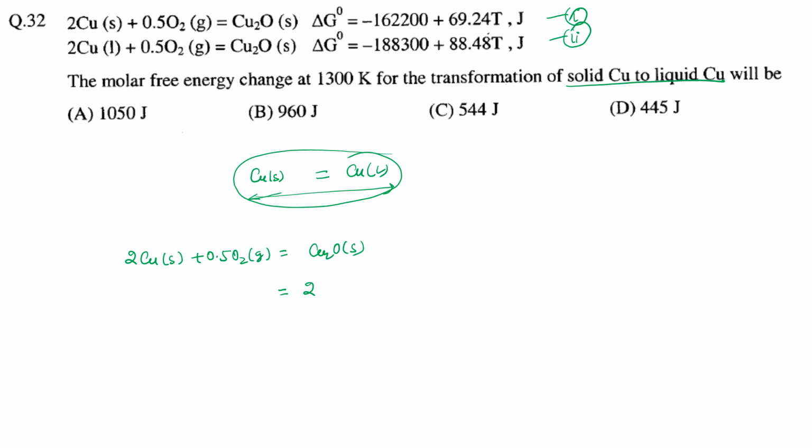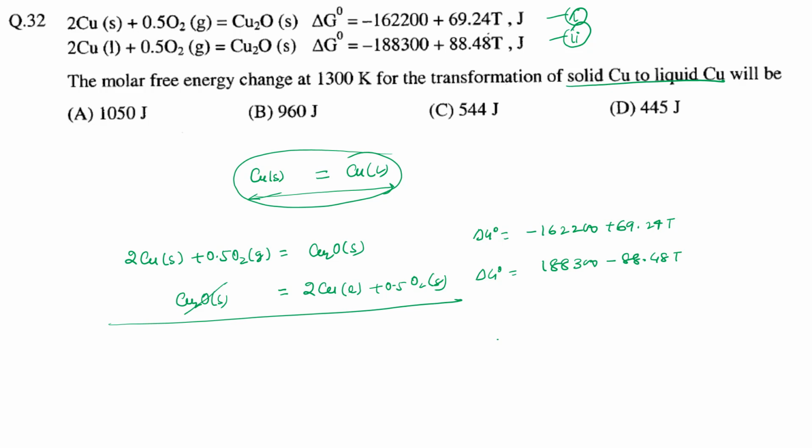And here how will you write? This delta G naught will be whatever is given over here, there will be no change of sign, but in the second case there will be changes, because we are reversing the equation, it is 188300 minus 88.48 T. Now add this, it will be 2 copper solid is equal to 2 copper liquid.